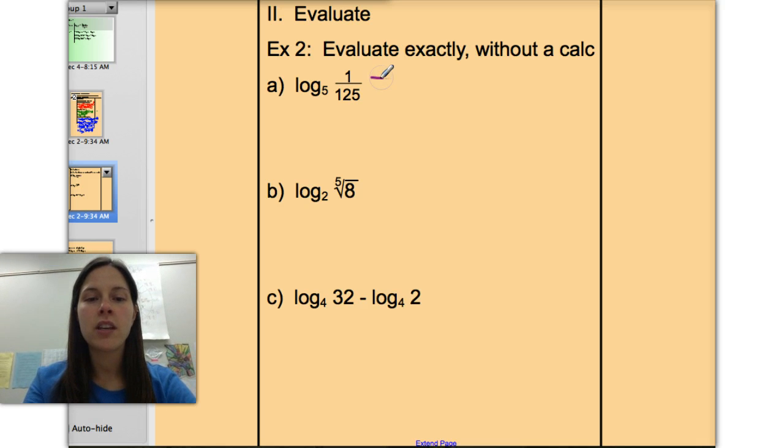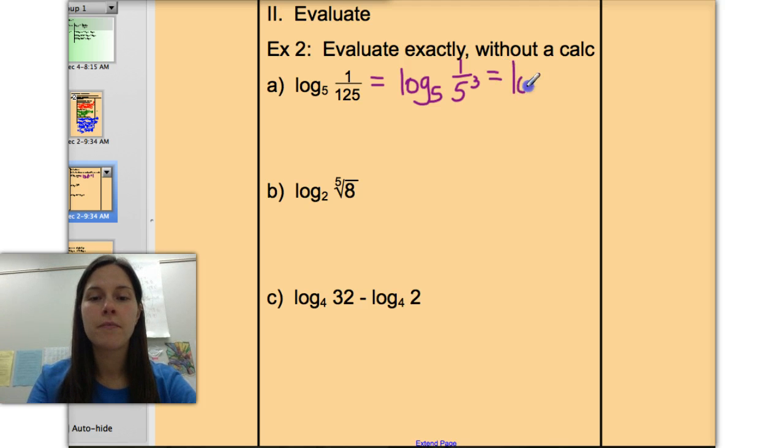So one thing you want to think about is turning that 125 into a base 5. And 125 as base 5 is 5 cubed. Some of you may be seeing that step will be able to answer 5 to what power, but because it's still in the denominator, some of you may need a little additional help.